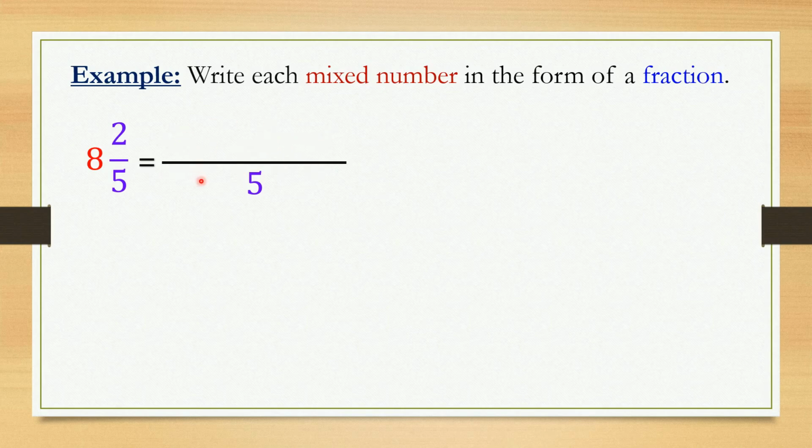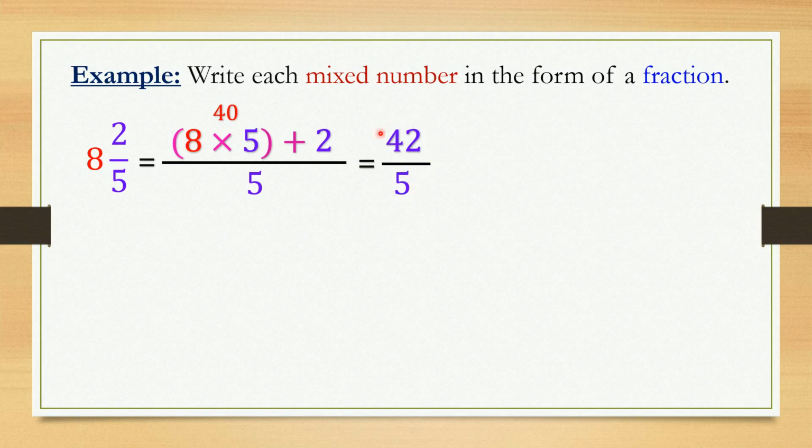So as we learned in the previous equation, we do whole number times denominator, 8 times 5, then we add the numerator 2, equals 8 times 5, it's 40, 40 plus 2, it's 42, 42 over 5. This is the fraction that is equal to this mixed number.